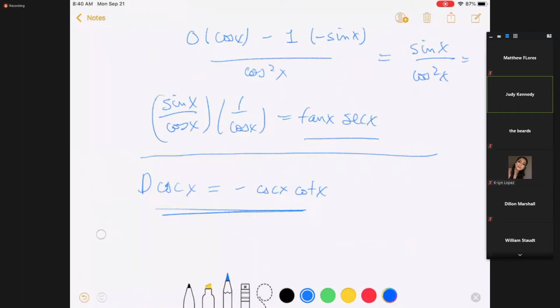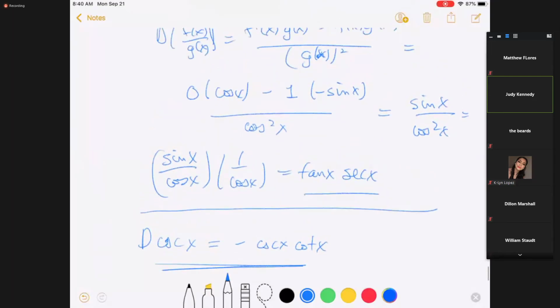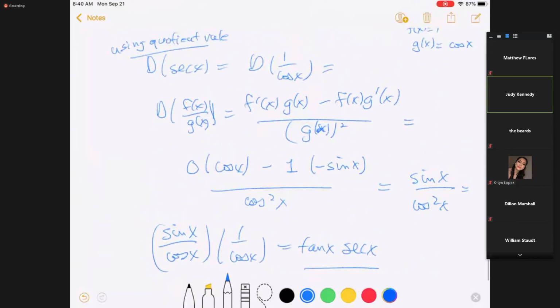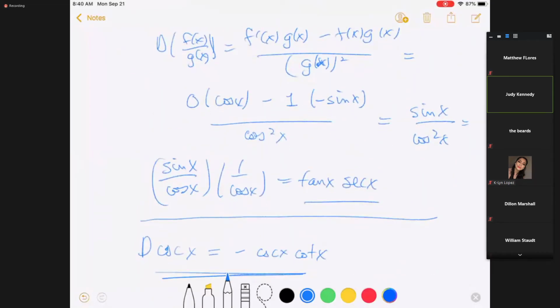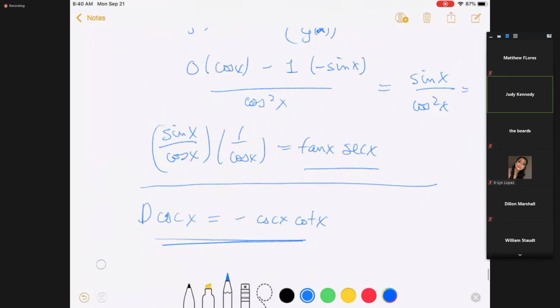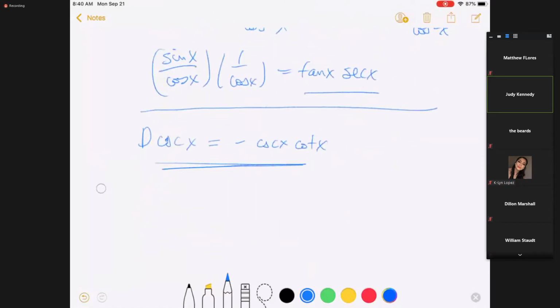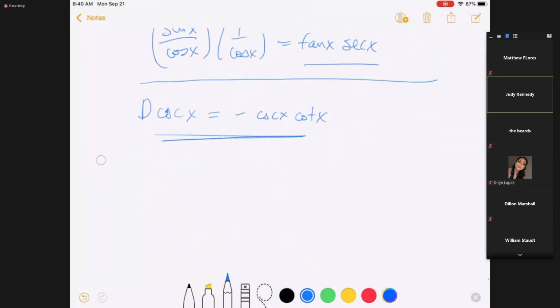And again, you write it as 1 over the sine and go from there, either using the chain rule and the power rule combined, or just the quotient rule will also work. Okay, so let's make a list of all of these.